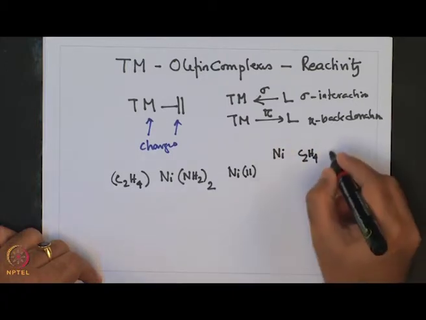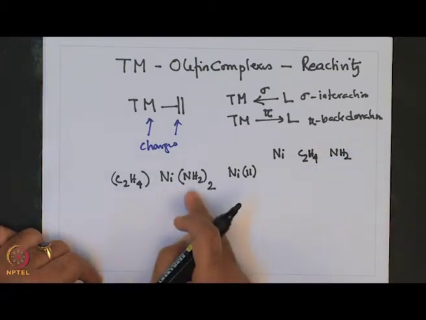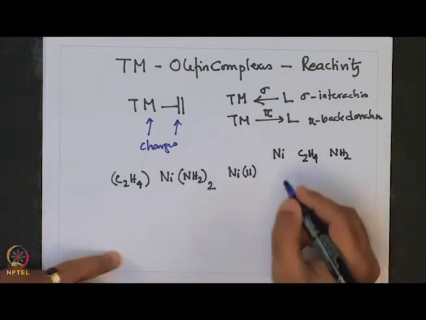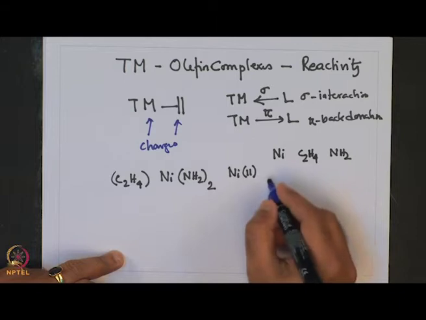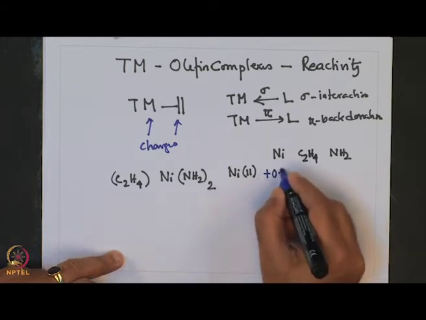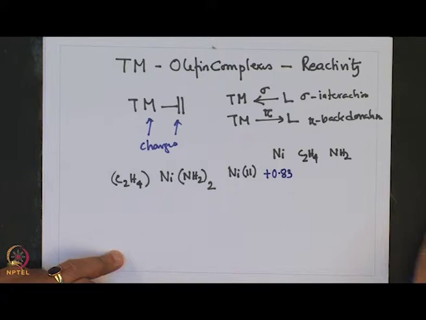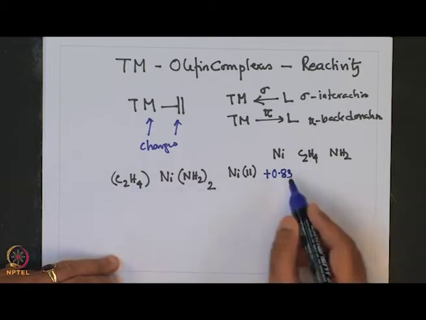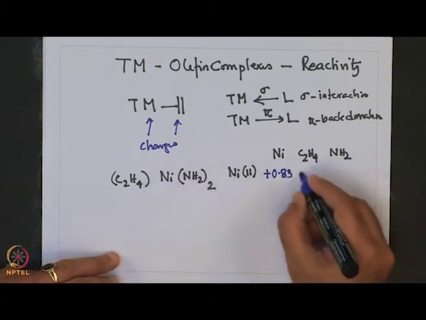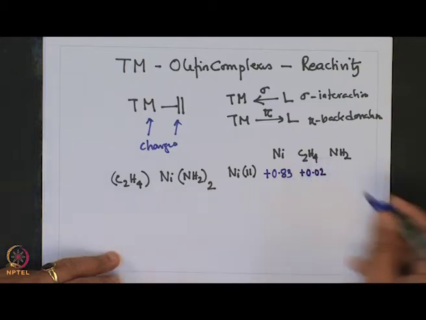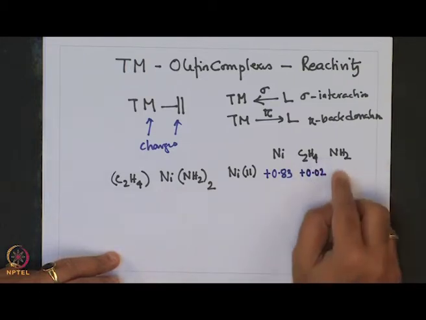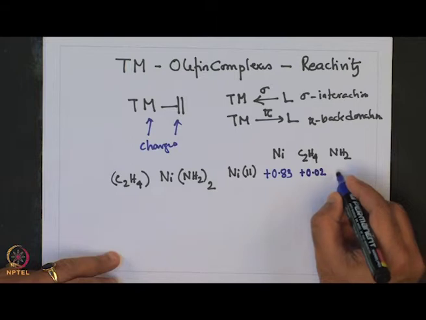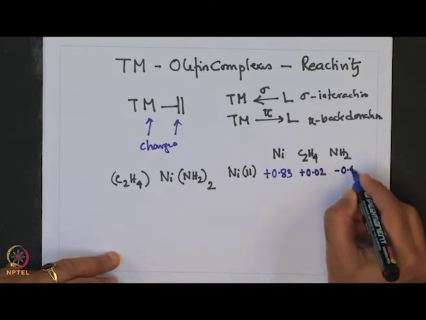alkene and amide moiety, which is a negative NH2 minus, the computed charges are: nickel being formally +2, it is not really +2, it is +0.83, and for the alkene, since it is sigma donating, there is a loss of electron density from the alkene, and it is almost +0.02, and for the amide, which is a monoanionic ligand, this is not really -1, it is -0.43.